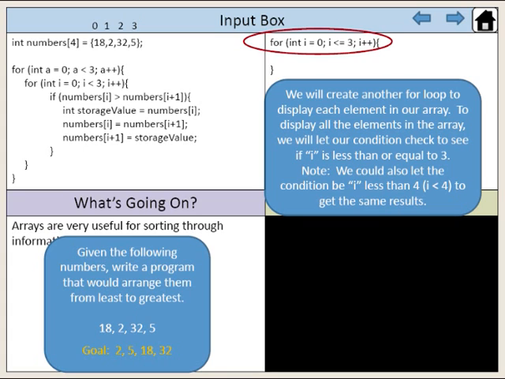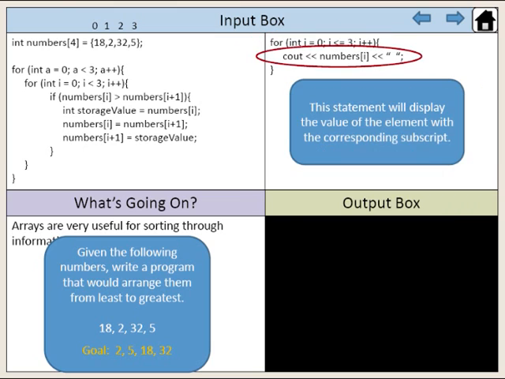Note, we could also let the condition be I less than 4 to get the same results. This statement will display the value of the element with the corresponding subscript.